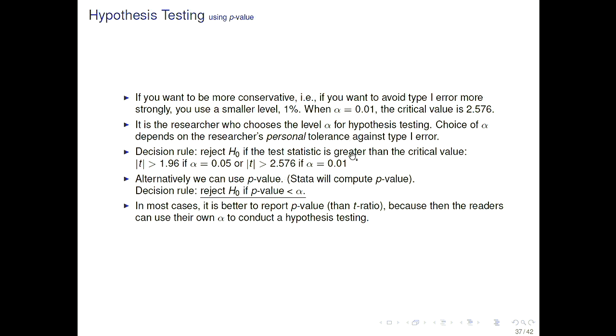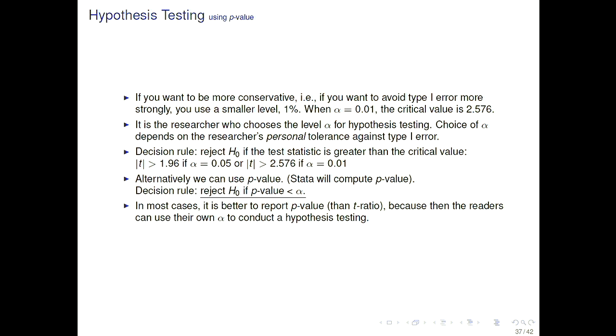So as you see over here, level is not a fixed number. That is different for each person, each statistician. When you are doing your own research, you have total freedom of choosing the size of your hypothesis testing. Typically, you're going to choose 5% because everyone else is doing it.